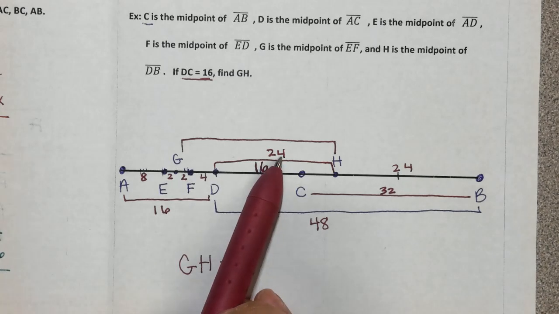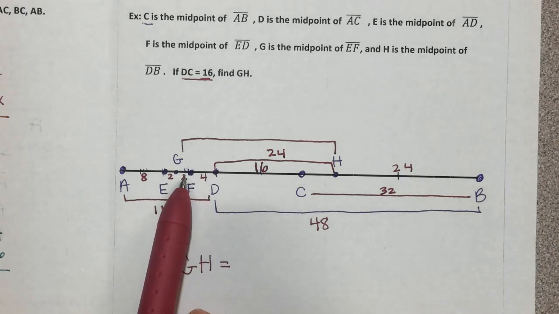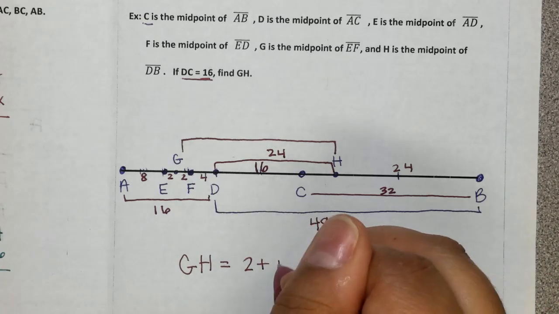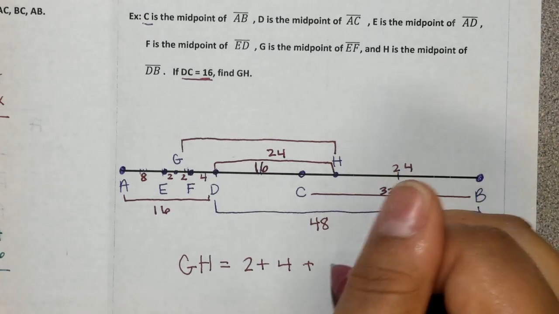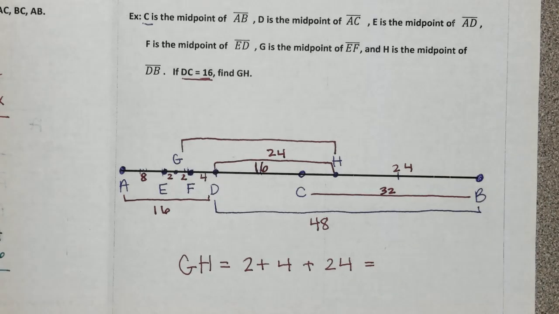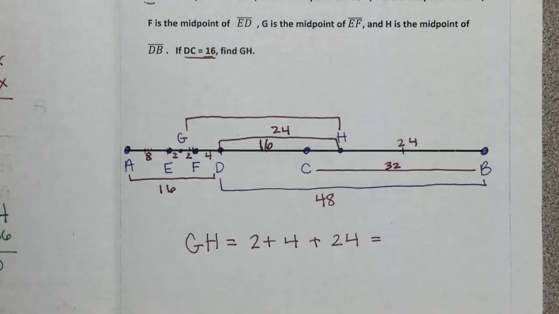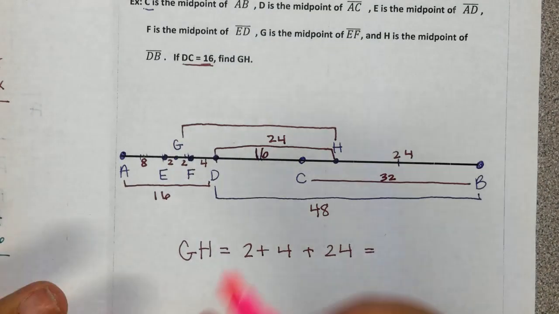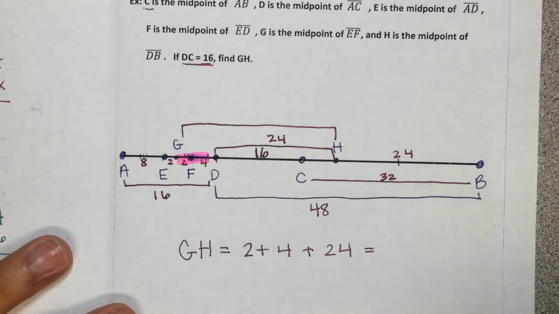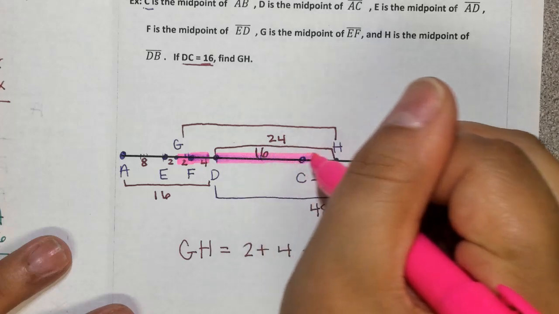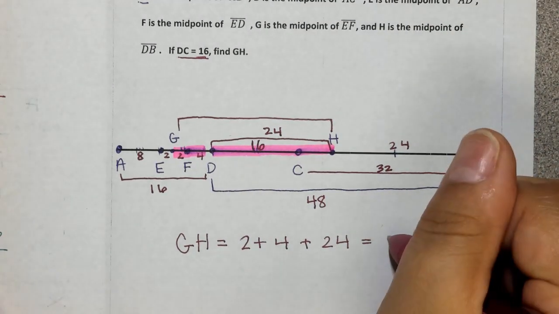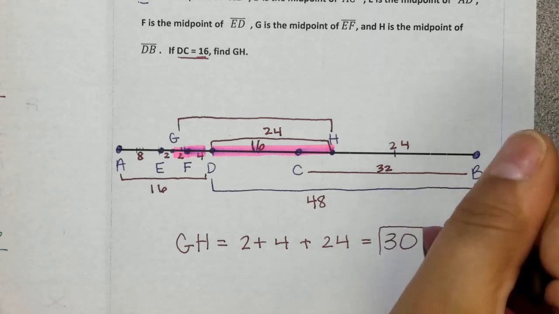And so if I know that's 24 and that's 4 and 2, how do I find G to H? 2 plus 4. Is that what y'all were talking about, plus 6? Does that make sense what I'm doing? Let me highlight for those of you that are like, I don't get what she did. I'm doing G to H, so I got 2, I got 4, and then I got the 24. Which is 30 is my answer.